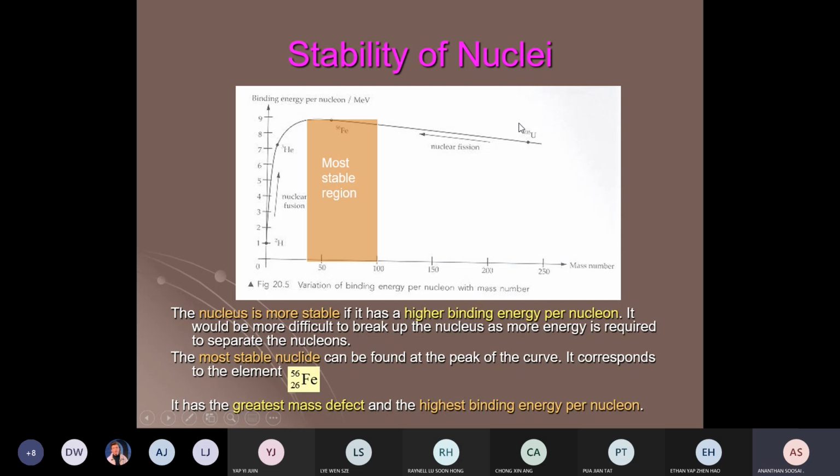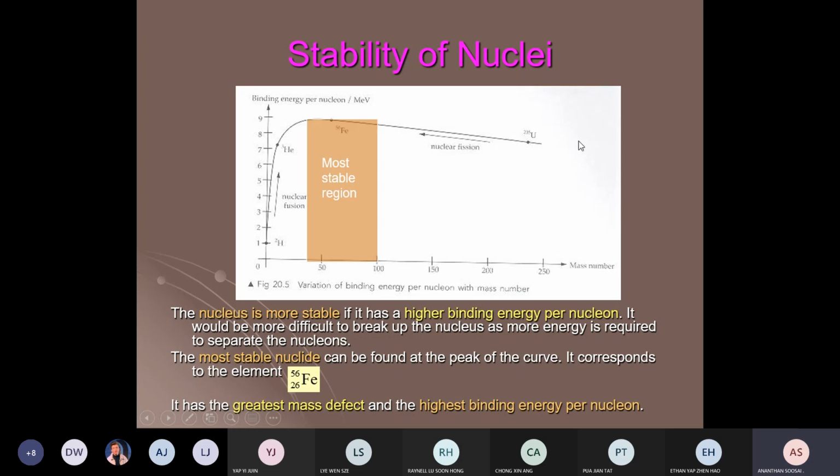Uranium has a reasonably low binding energy per nucleon, and a very large nucleus. So why does radioactivity happen? First of all, the elements want to achieve stability. That's why it transforms to a smaller, more stable nucleus.